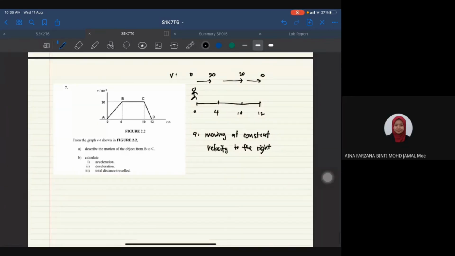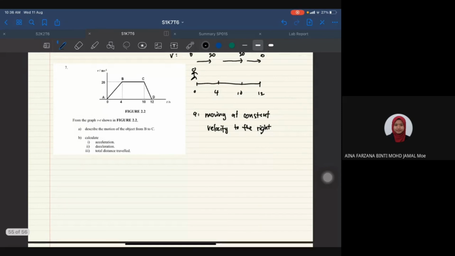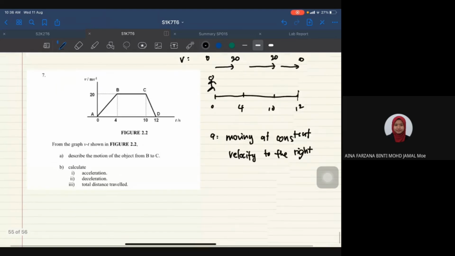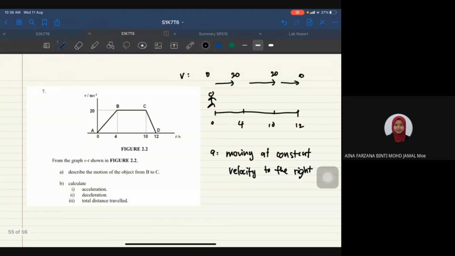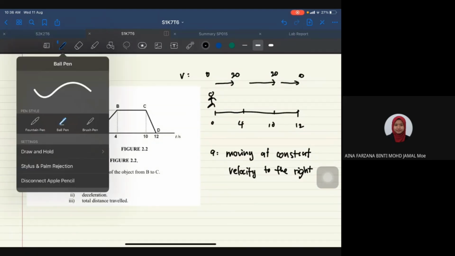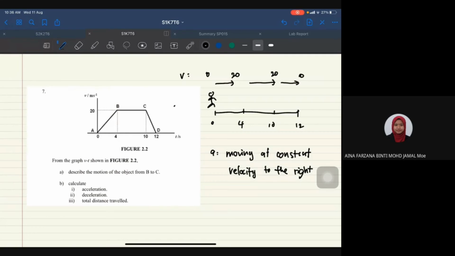Yang B, dia kata calculate the acceleration, deceleration and the total distance travel. Dia tak cakap from specific period, tapi dia tanya pasal acceleration, deceleration dengan total distance travel. Okay, you know that from graph V against T, kalau kamu nak cari acceleration and deceleration, it will be the gradient of the graph.